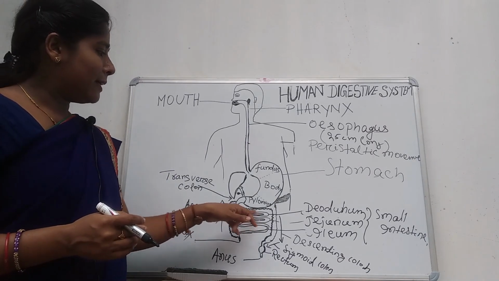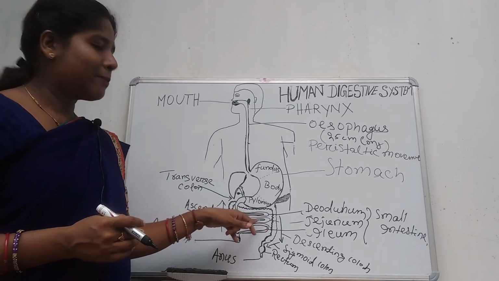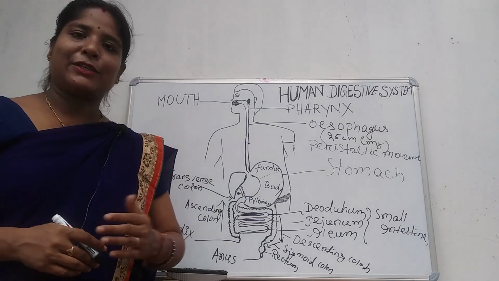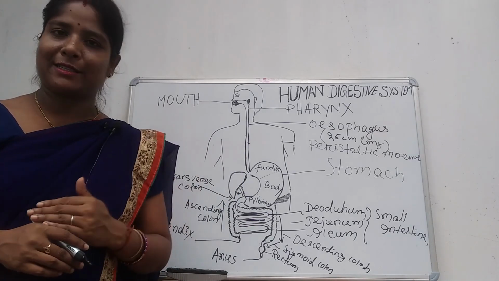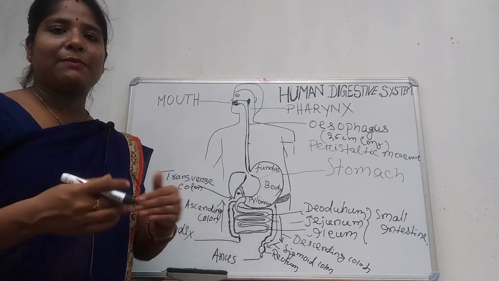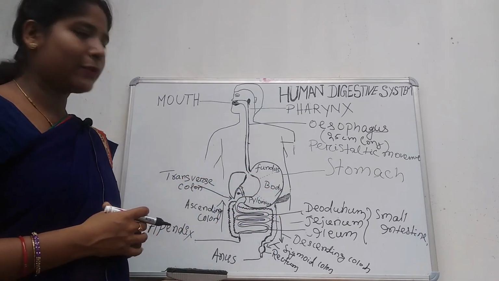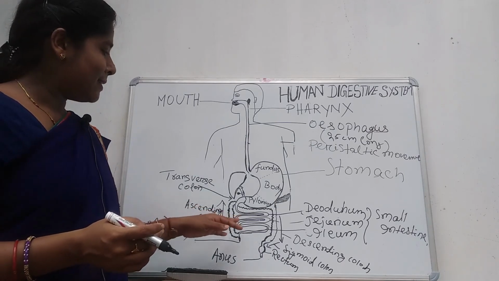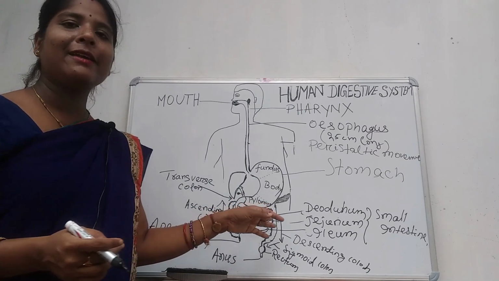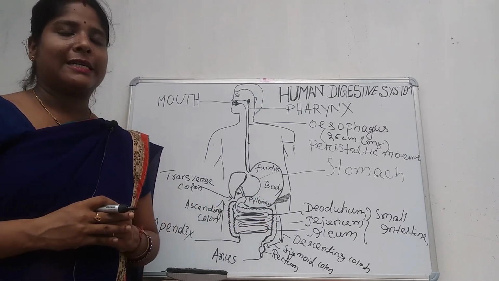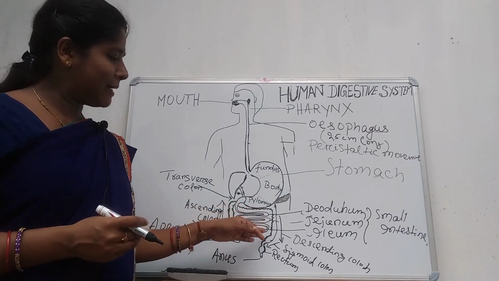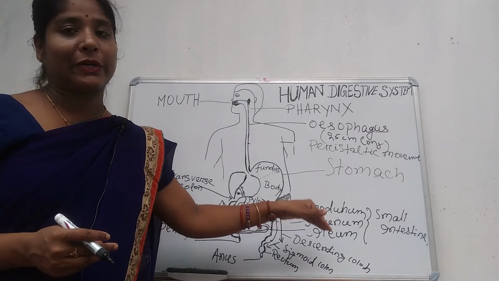Inside the small intestine, at the duodenum, the rest of the main digestion takes place, and the next parts help in the absorption of food. Here also, in the large intestine, absorption takes place. Duodenum, jejunum and ileum help in the digestion of proteinaceous food.